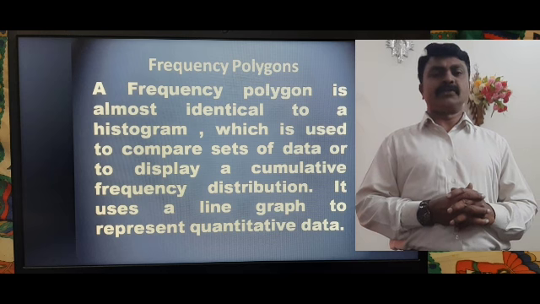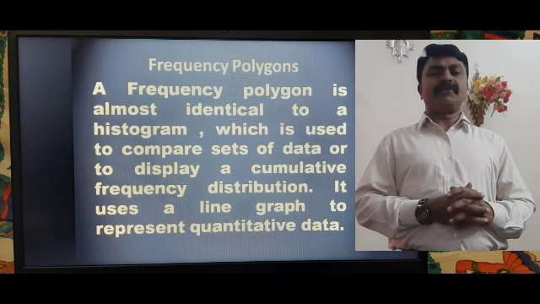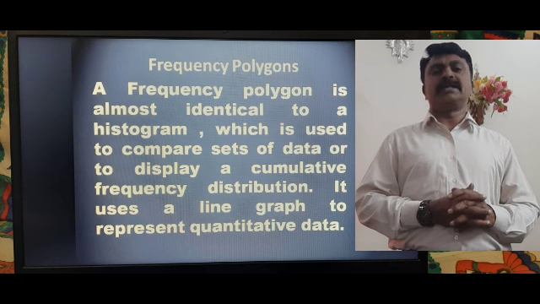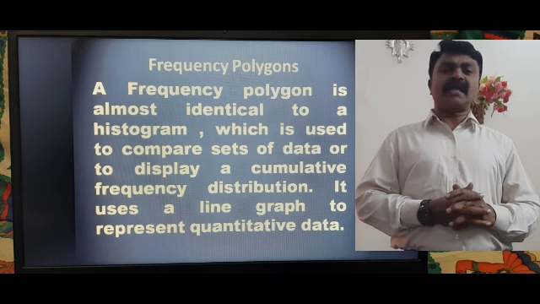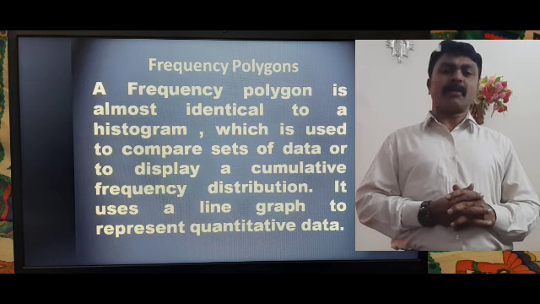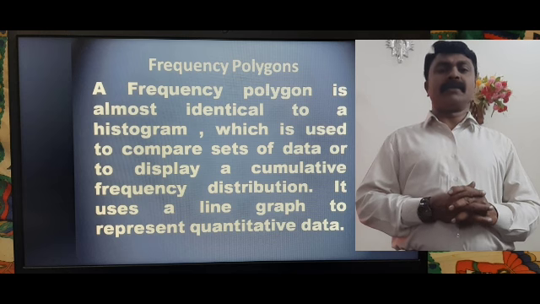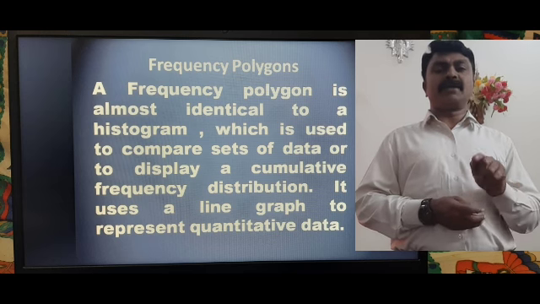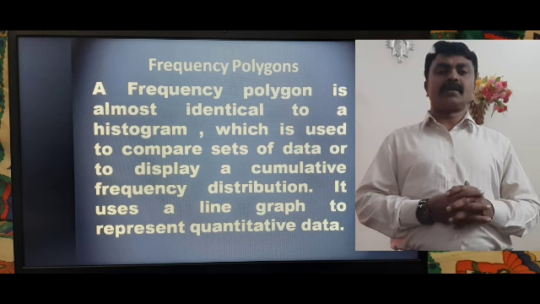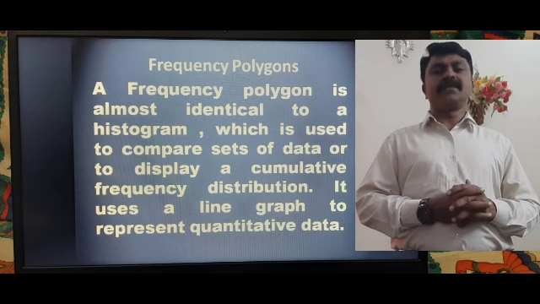Then we can get a plot of curves. As we know, a frequency polygon is almost identical to a histogram. It's similar to a histogram. We can use the histogram as well as the frequency polygon. The frequency polygon is identified from the center point of the histogram horizontally.